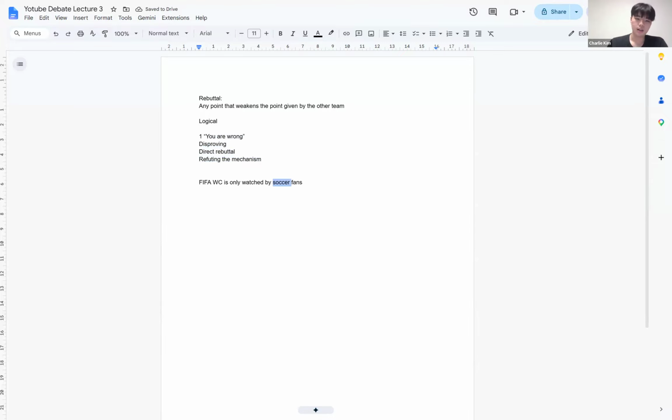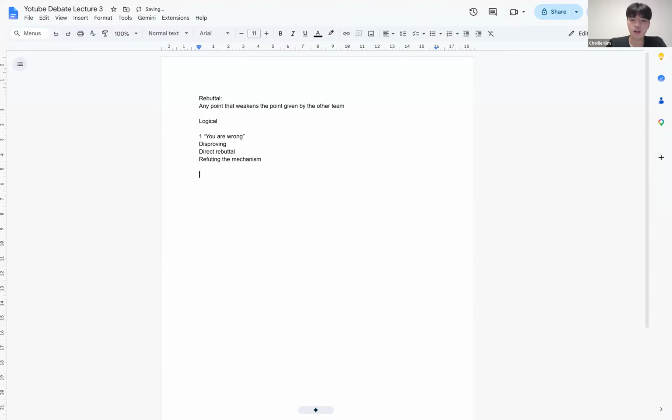But also, it's not only soccer fans, it's generally the people of the country, the citizens of the country. Because the World Cup is not just a soccer event, it's an event that unites everyone. And even people that do not watch sports come in and watch these games. My mom and my dad watch them, my friends that don't know soccer watch them, and that's why that point is wrong. So that's how you're going to refute that point, by saying that they are not actually correct.